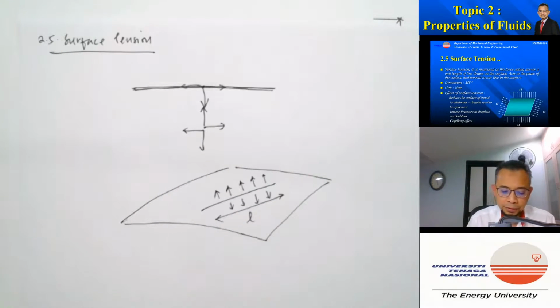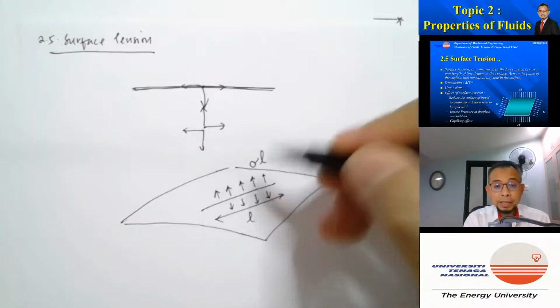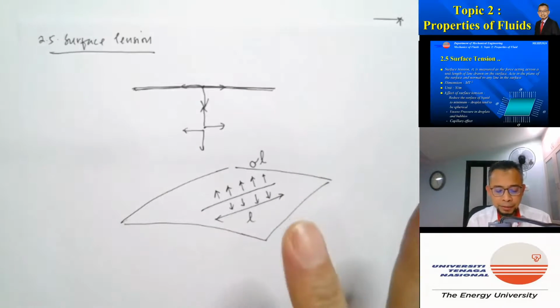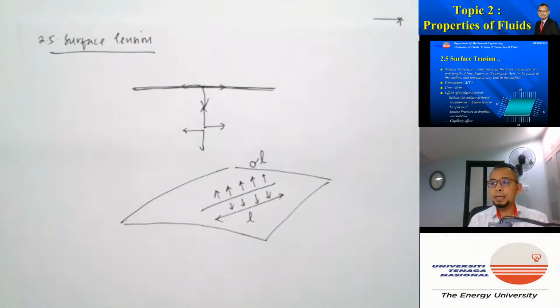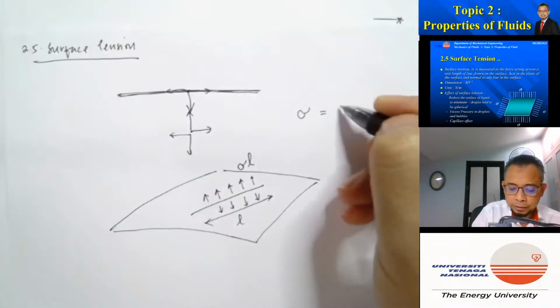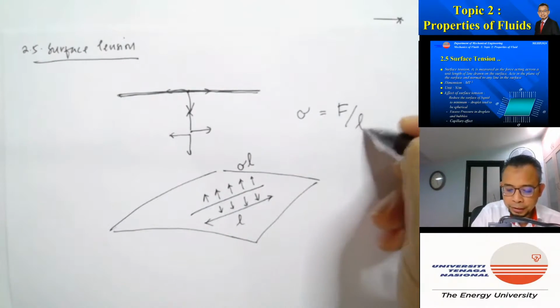The surface tension force is equal to sigma multiplied by the line length, acting in the same plane as the surface and perpendicular to the line. So it is force per unit length, right?